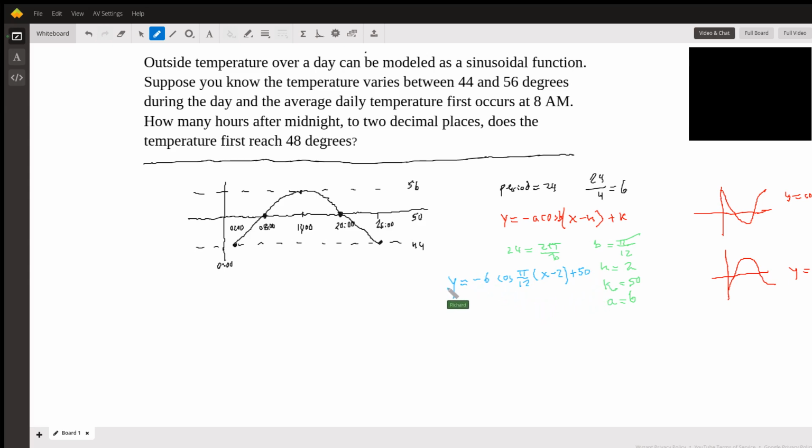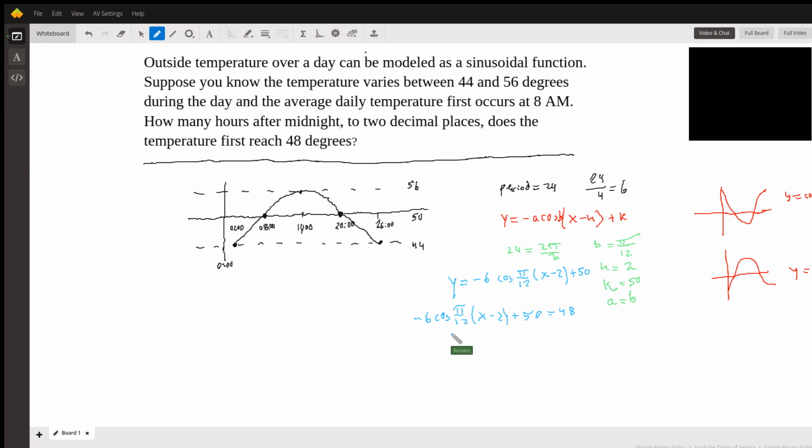And then you just get on your calculator and set that equal to 48, since they want to know what time you'll hit 48 degrees. Let's just do it here: -6 cosine of pi over 12 times x minus 2, plus 50 equals 48.